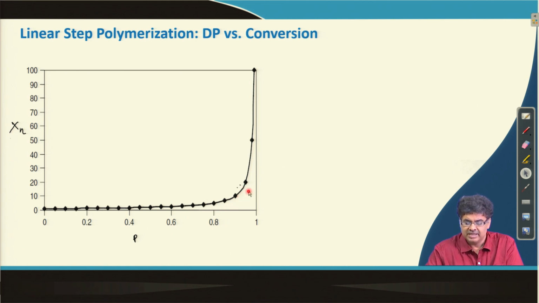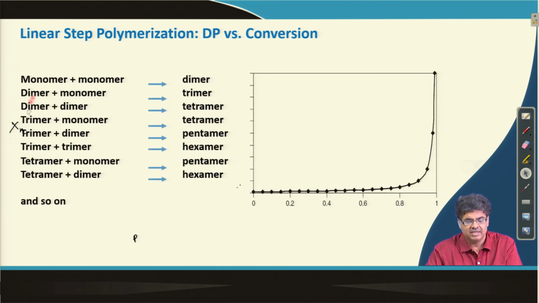So, in this case, to get a high degree of polymerization, we must go to a very high conversion. In a real case, the sample will have all types of chain length.